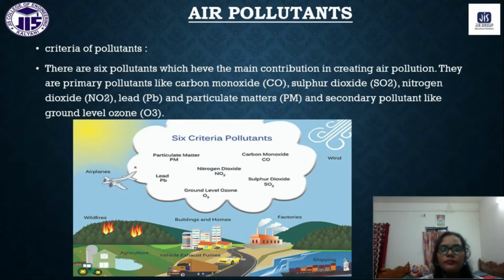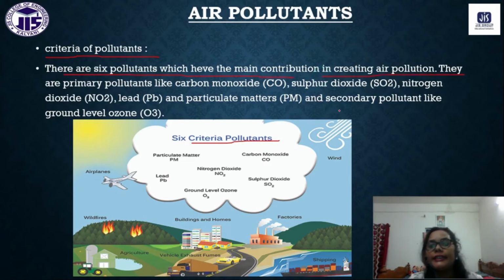Next, we have one type of pollutant, that is the criteria pollutant. Criteria pollutants are identified this way: there are six pollutants which have the main contribution in creating air pollution, and that is called the criteria pollutants.